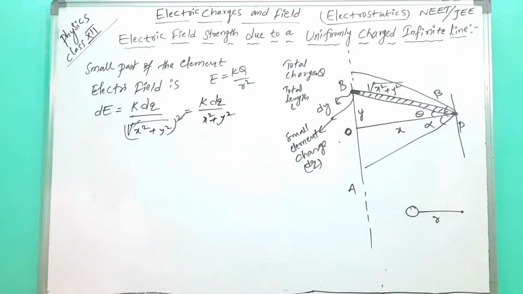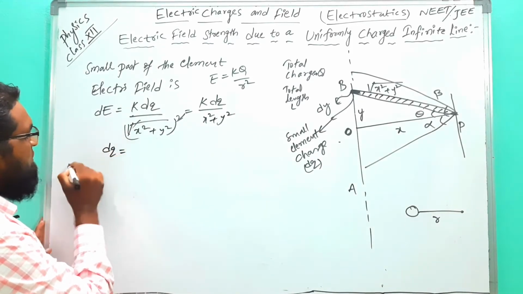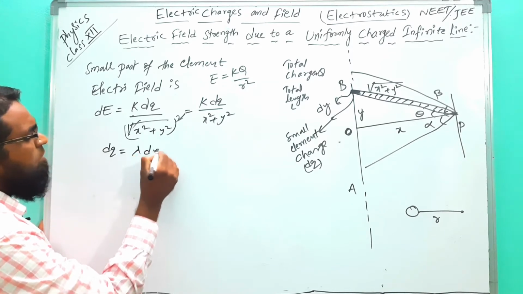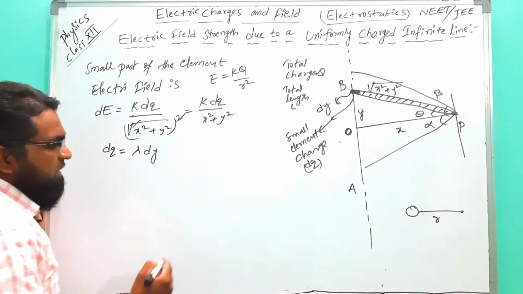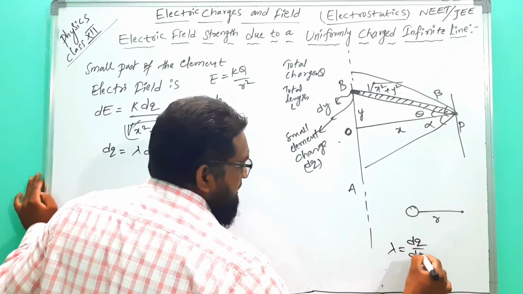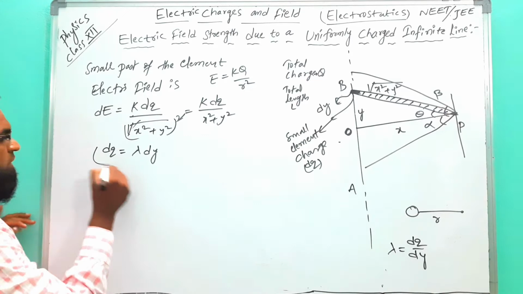This part is very clear students. But here the charge dq equals lambda into dy, which means the linear charge density lambda equals dq by dy. Okay, this point is clear.